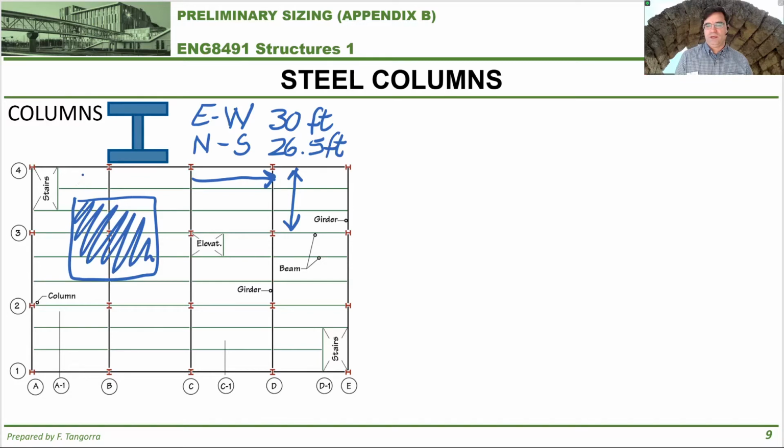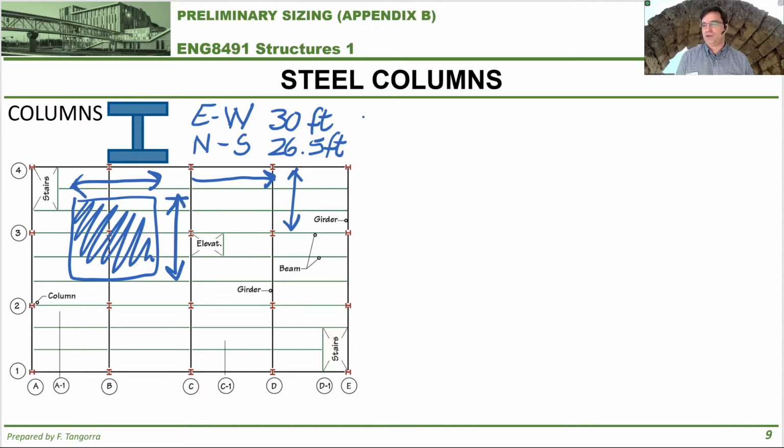is going to be 30 feet in this direction and 26.5 feet in this direction, because you always find the tributary area of an interior column going halfway north-south between itself and the next columns, and halfway east-west between itself and the two columns on either side.